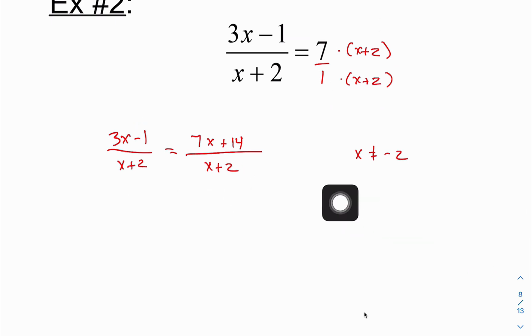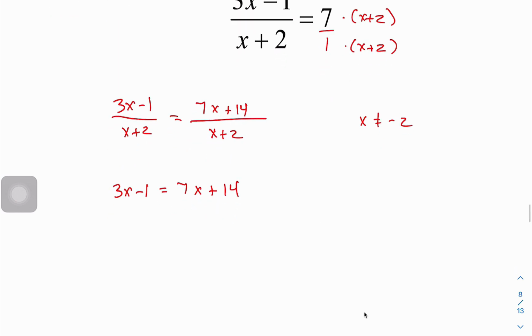All right, so now we've got the common denominator, which means now we can drop that and just focus on the numerator. So 3x minus 1 equal to 7x plus 14. And just like the last example, now we just solve for x. Now we're back to a linear equation here. Subtract the 3x over here to the right, which means I'm going to subtract the 14 to the left.